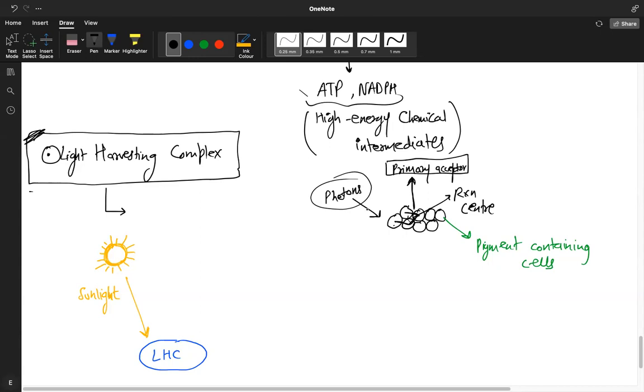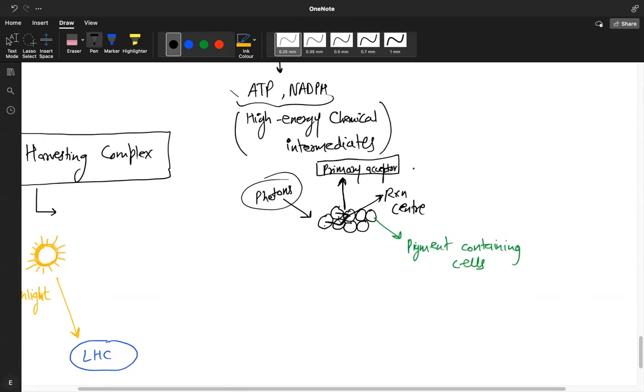So the overall scheme is photons will fall on certain cells. These cells will have pigments, chlorophyll A, B, the photosynthesis pigments. And then in the reaction center, this biochemical reaction will happen where light energy will be converted into chemical energy, and that energy in the form of electrons will be given to the primary acceptor, which then will help in formation of ATP and NADPH. Is it clear? Yes, sir. So through primary acceptors, you make ATP and NADPH.